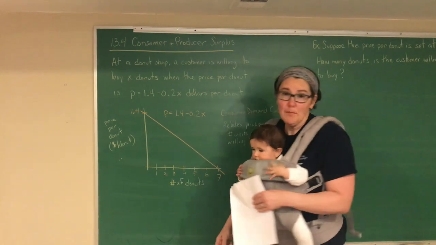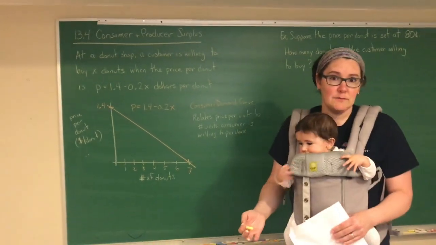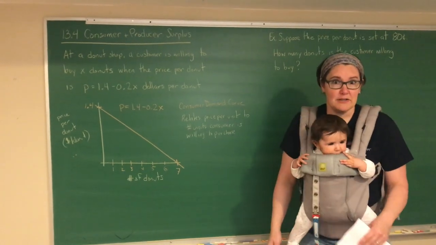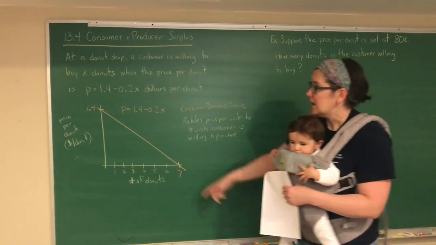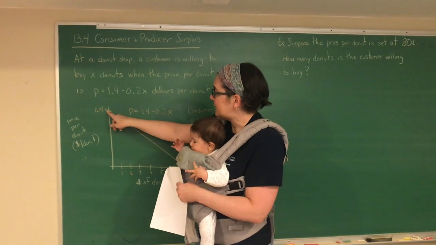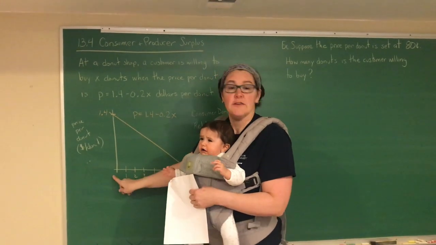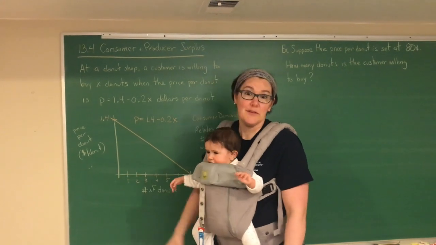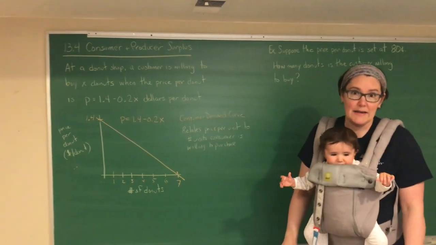Now, what we saw in the video was that when our customer went into the D-Cube donut shop, she saw the original price of $1.40 per donut. When the price was $1.40, the x value that corresponds to that y value of 1.4 is 0, so she was not willing to buy any donuts at all.